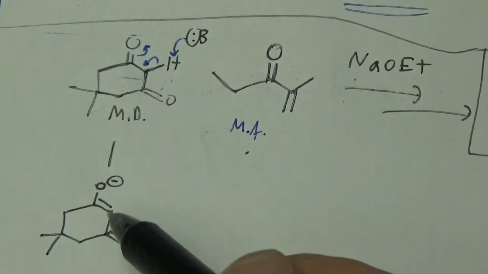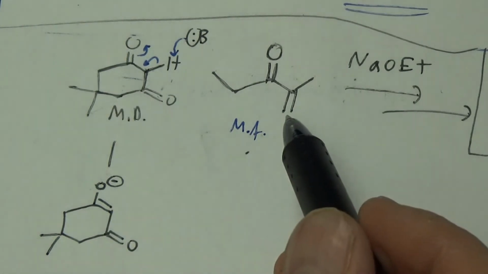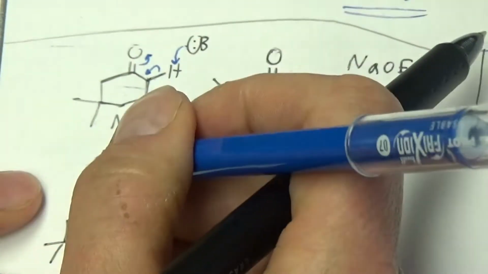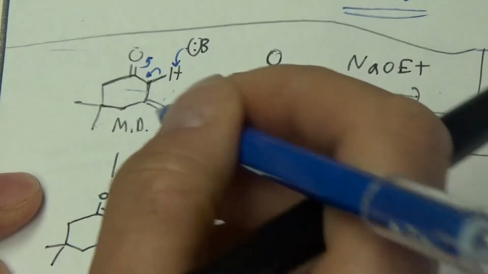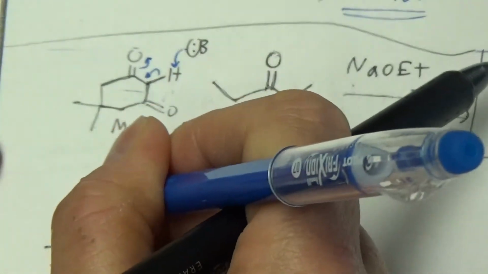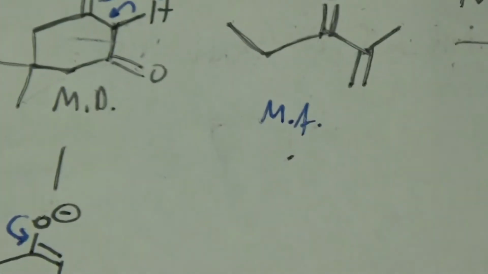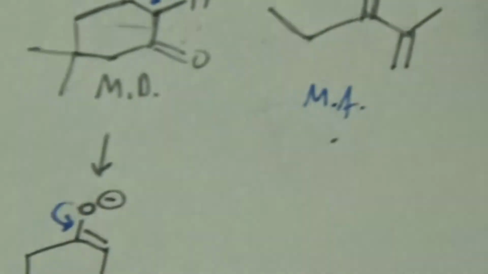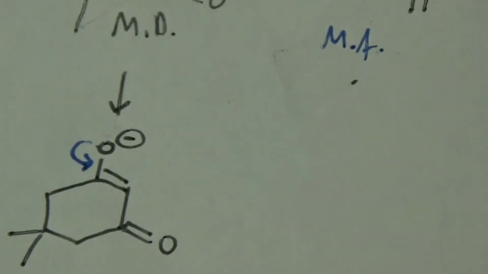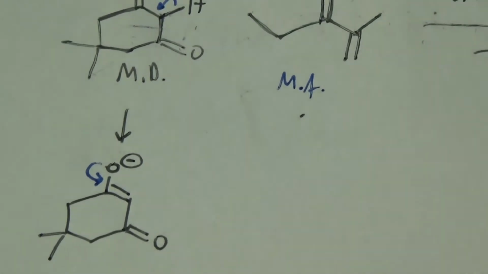Alright, now the enolate does the Michael reaction onto the Michael acceptor. So kick the electrons in. Let's make the nice arrow there. Kick the electrons in, and that remakes the ketone.